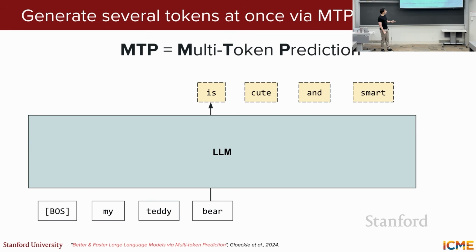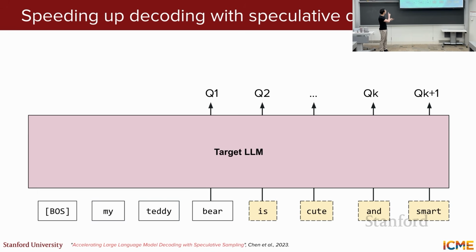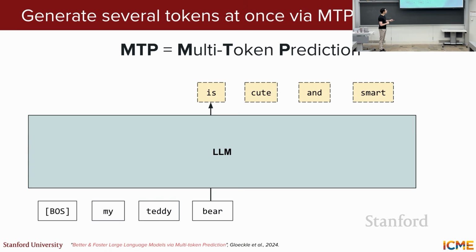Okay, great. And then I want to talk about one last technique that is called multi-token prediction. By the way, this previous technique was called speculative decoding. This one is doing a slightly different thing, but the draft model is embedded in the same model, which is very powerful.